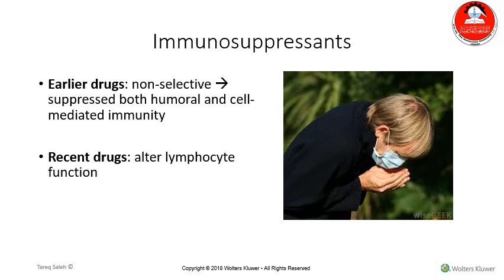Now, the newly developed drugs can selectively target certain proteins, certain processes associated with lymphocyte activation. So these drugs had more activity, they were more effective, and they were associated with fewer adverse effects.